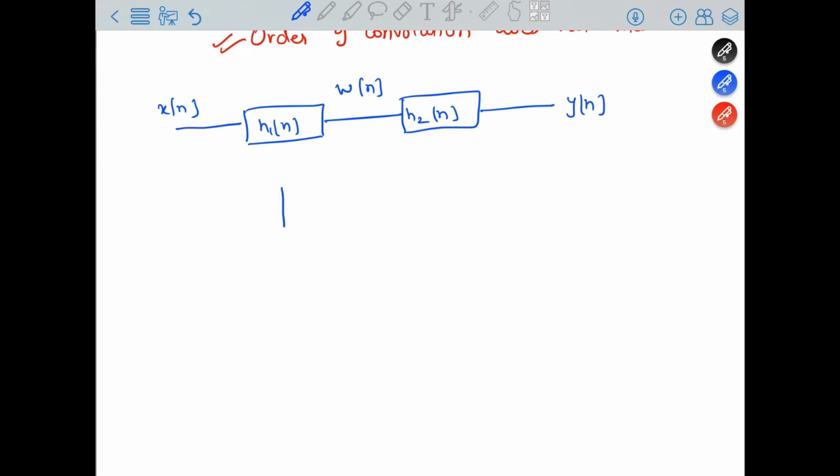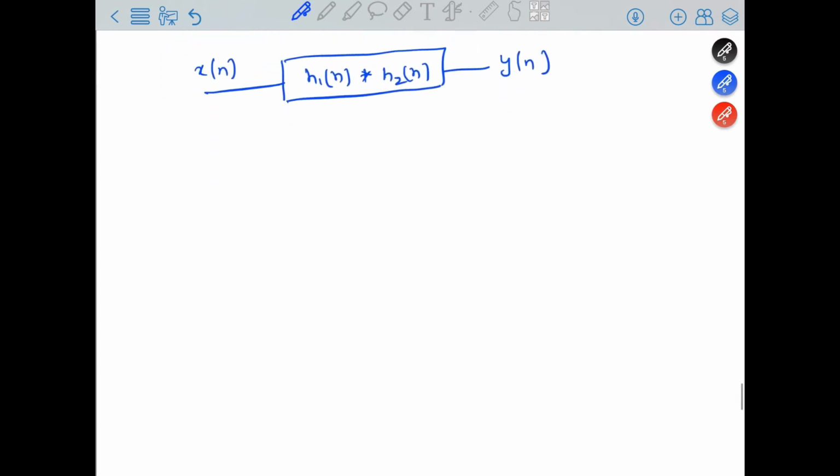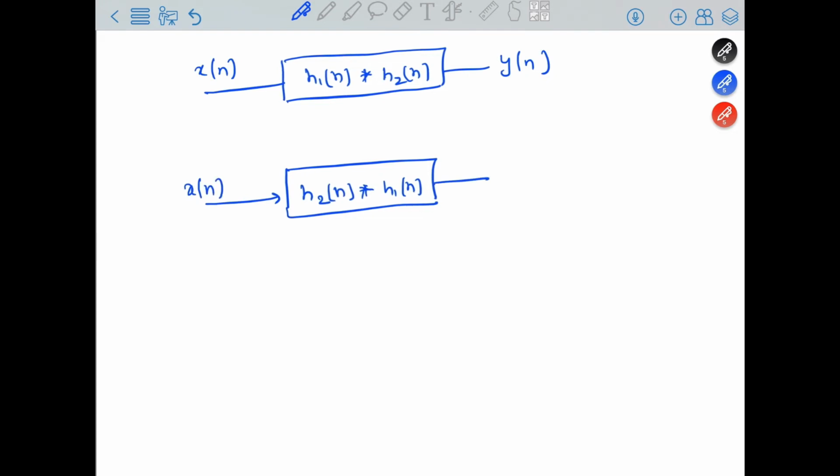This can be represented equivalently using the property as h1[n] convolved with h2[n], with input x[n] and output y[n]. Now using the commutative property which was already discussed, we can change the order. So from h1[n] convolved with h2[n], we can write it equivalently as h2[n] convolved with h1[n], with input x[n] and output y[n]. So here we use the commutative property.